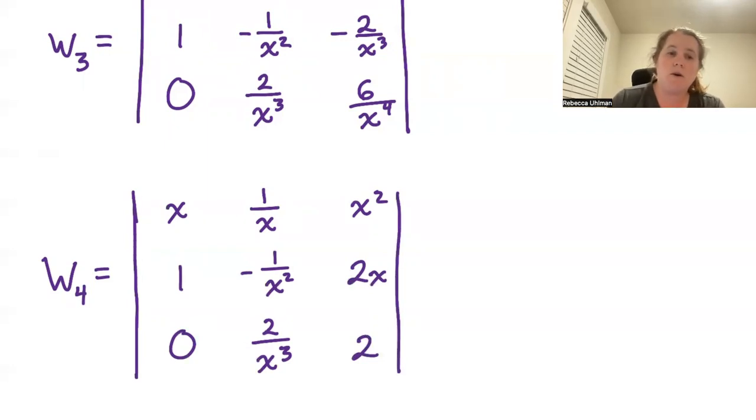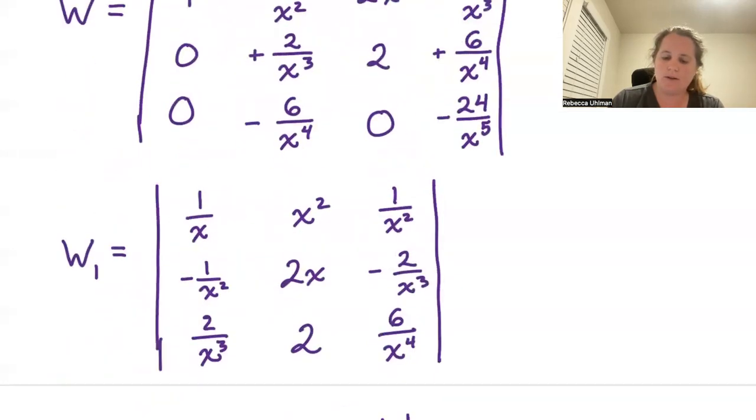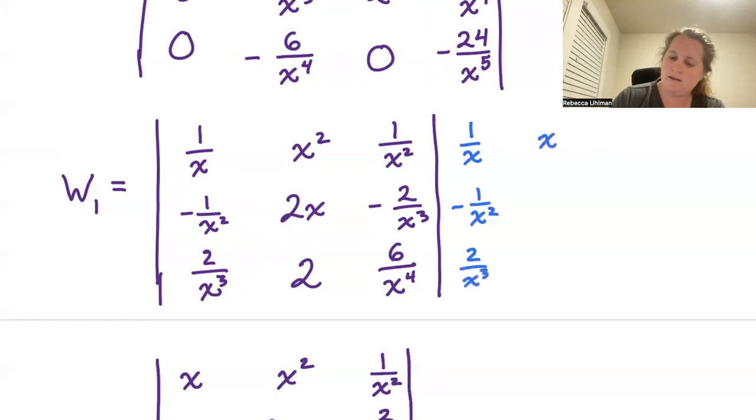So we need to find a whole bunch of determinants of 3 by 3 matrices. In finding the determinant of this first one, for W1, if we copy our first two columns, we'll have 1 over x, negative 1 over x squared, and 2 over x cubed, and then x squared, 2x, and 2.